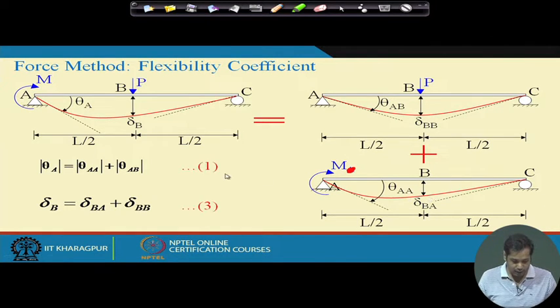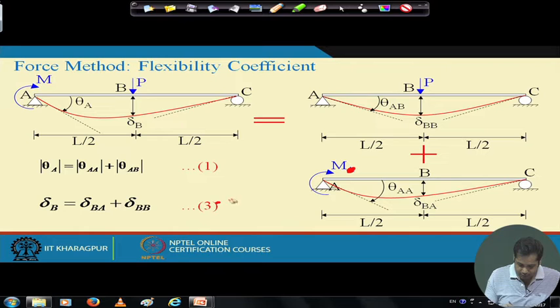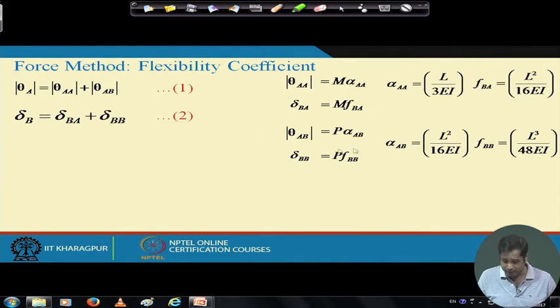Okay. Now suppose this is equation number 1 and this is equation number 2. Okay. Now, then what we have, these two equations, right? And we have this equation, delta BB, that we have already obtained. Okay.